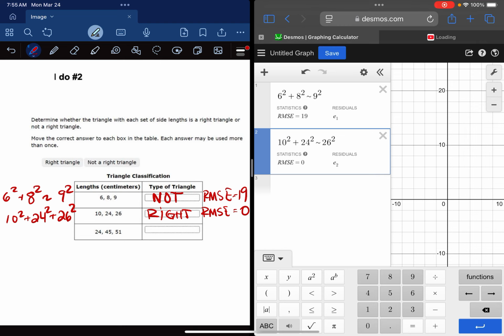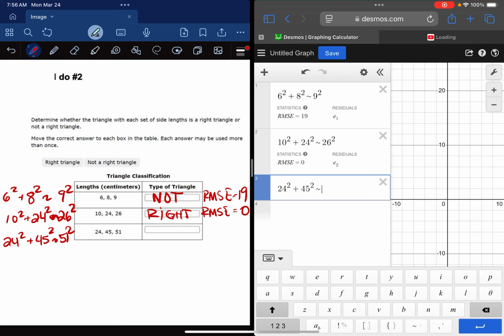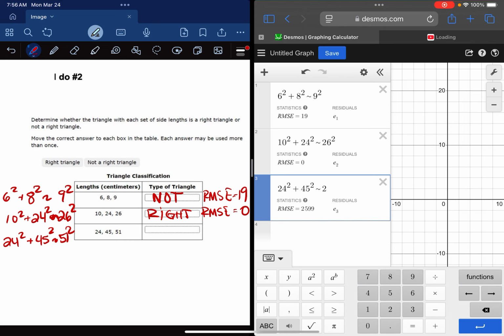Okay, last but not least, I'm going to do 24 squared plus 45 squared tilde 51 squared. And you'll notice again that I get RMSE of 0. That means that these side lengths make a right triangle.